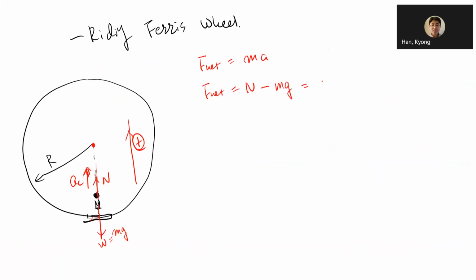And then m times acceleration, where AC equals v squared over r, so mv squared over r.